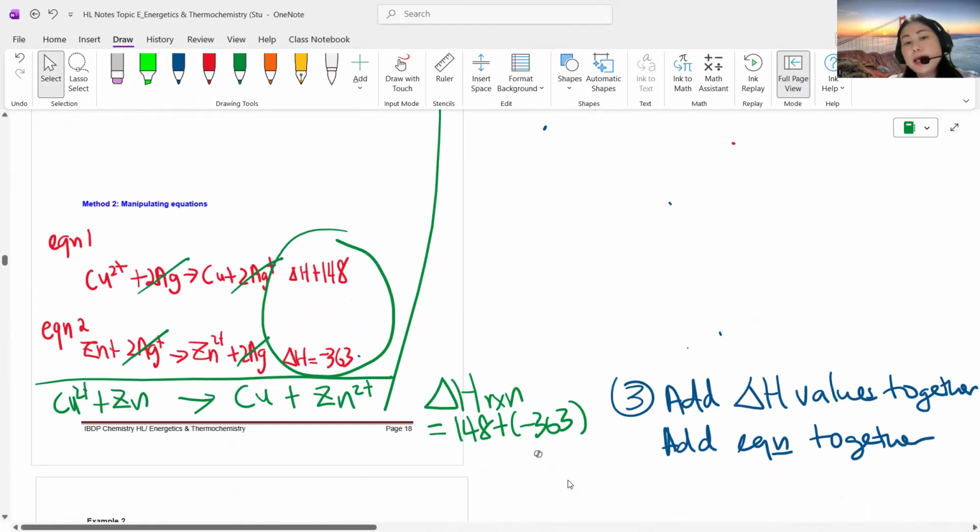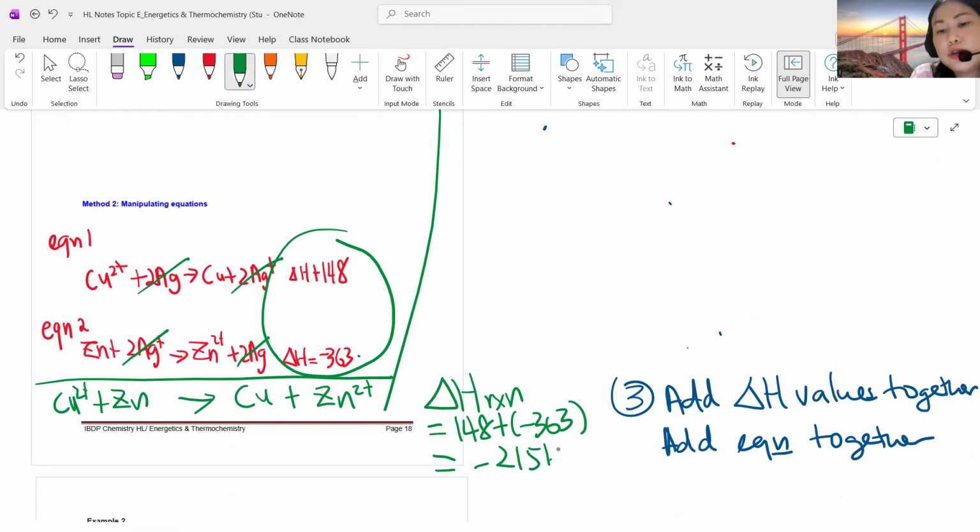Okay, so this is how you do manipulating equations. So you get the value. Okay, so let's calculate the value. So I get negative 215 kilojoules per mole.